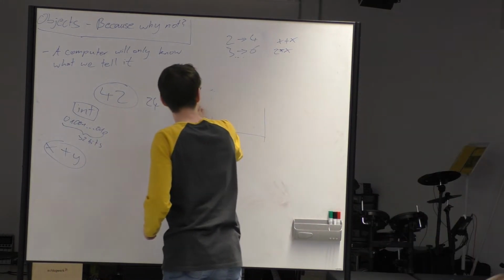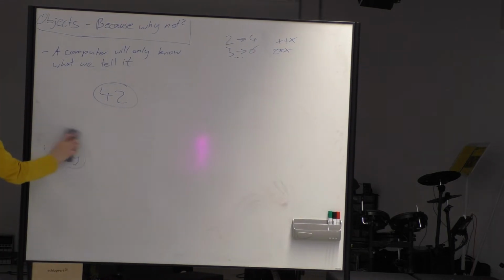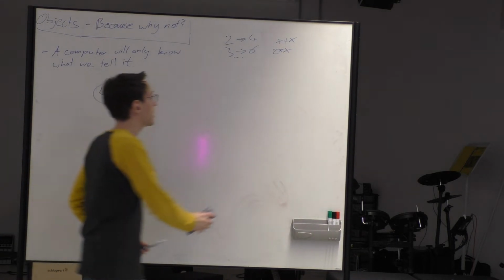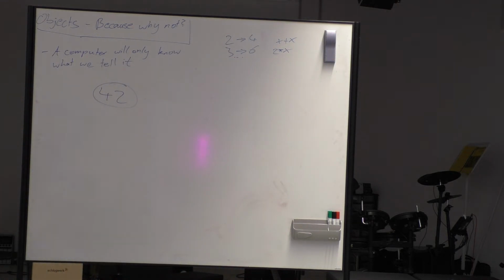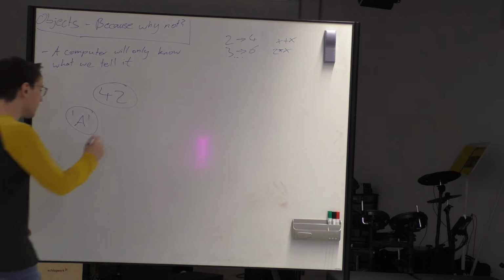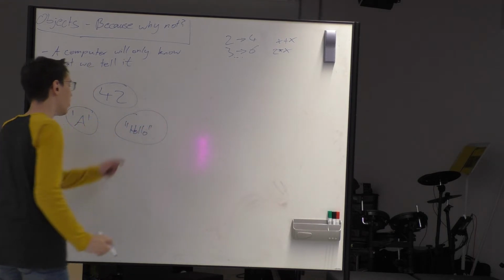As I already have told you, basically everything could be an object. For example, the number 42 could be an object. Or the letter A could be an object. Or maybe even the string with the text hello could be an object.